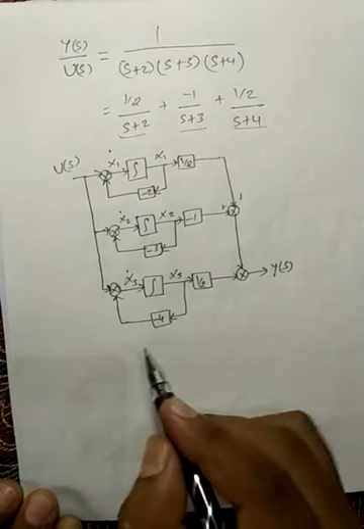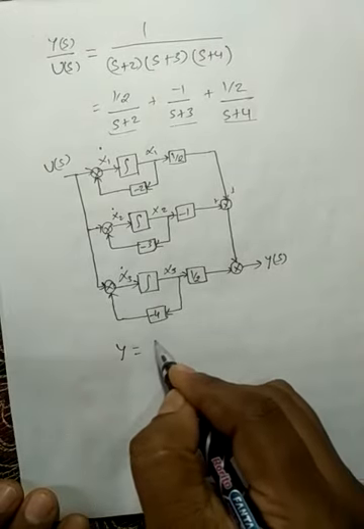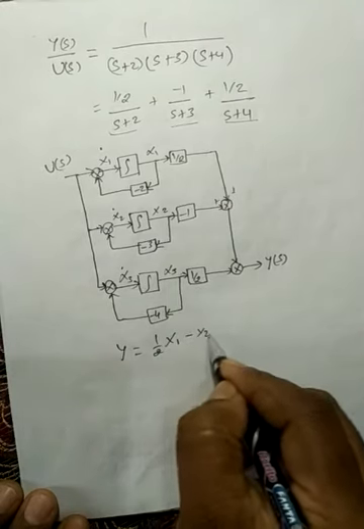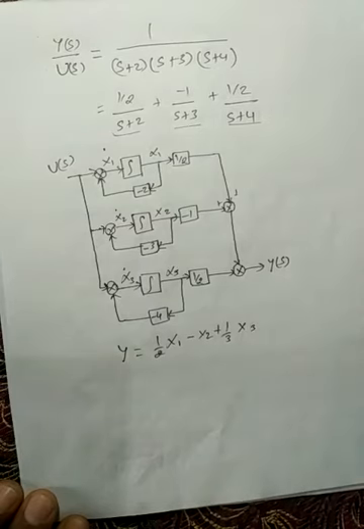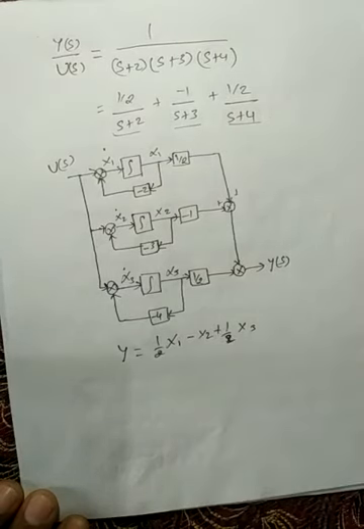And from here you can write y is equal to 1 by 2 x1 minus x2 plus 1 by 2 x3, right?